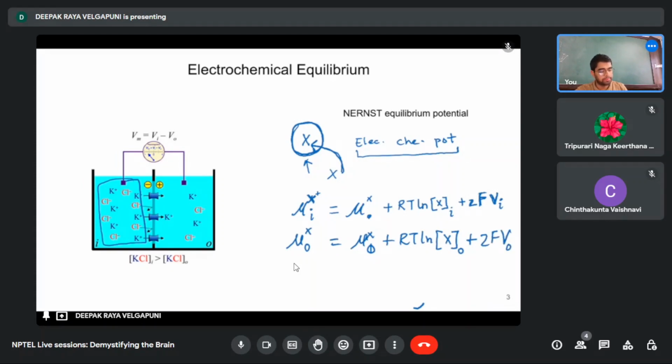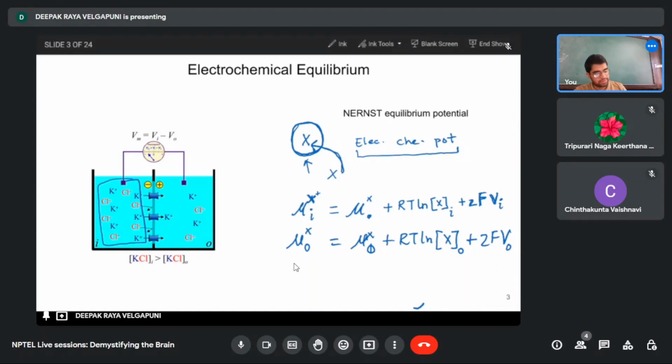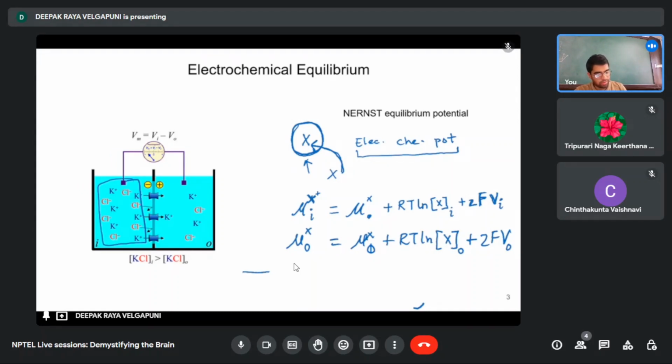Since it is on the O side, we are just mentioning it with O notation, and then the electric potential at the O side. Now, what we know from this is that ions always move from higher to lower electrochemical potential, not just the chemical gradient. This is the electrochemical potential, denoted by ECP. So there is high ECP and low ECP, and the ions, or whatever species you consider, tend to move from high ECP to low ECP.